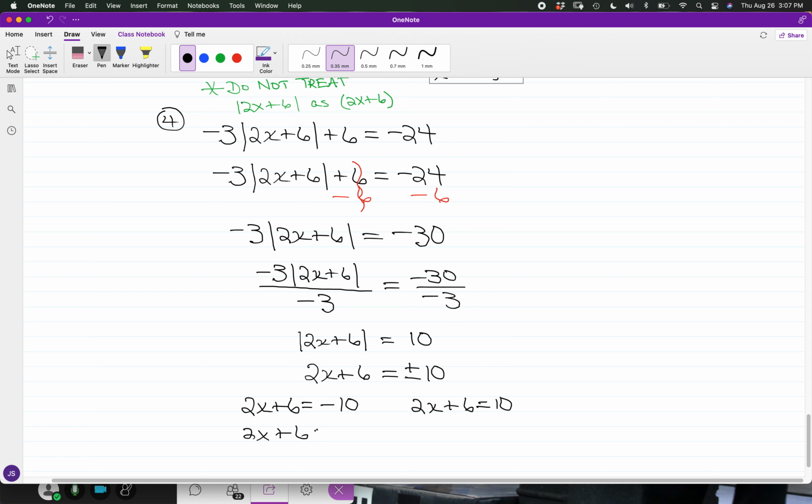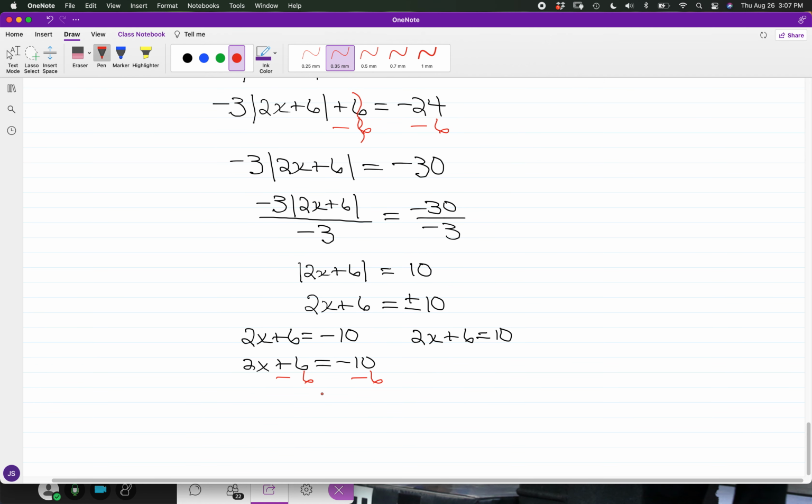Looking at solving for x, if I deduct 6 from both sides for 2x plus 6 equal to negative 10, I'm going to have 2x is equal to negative 16, and at one end we'll have x is equal to negative 8.